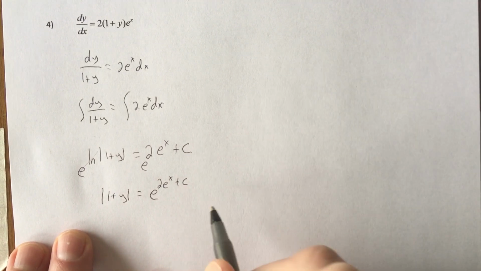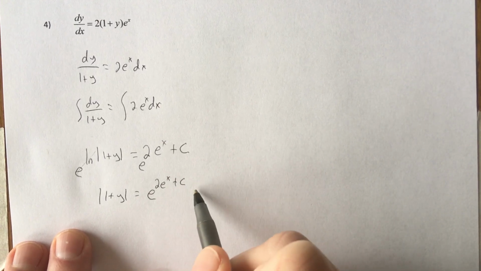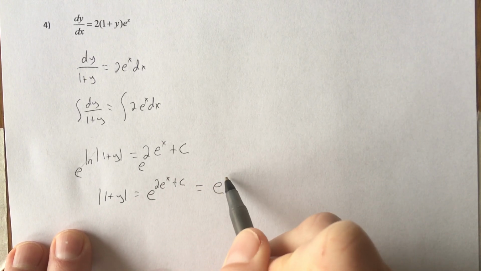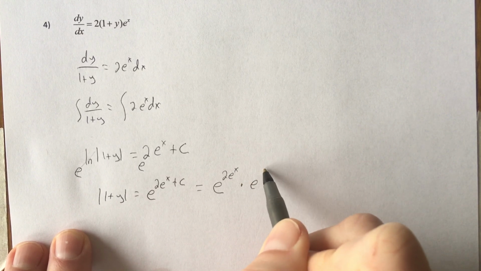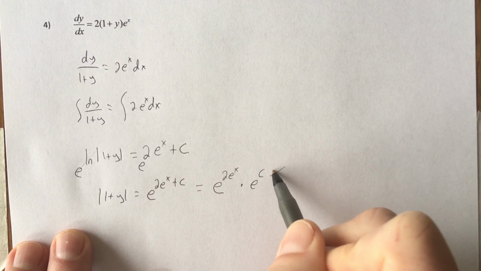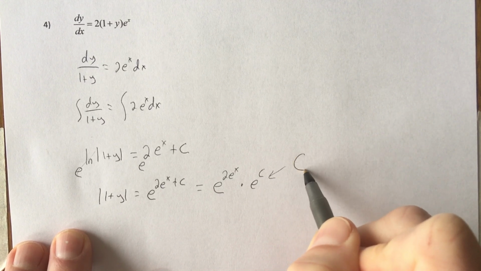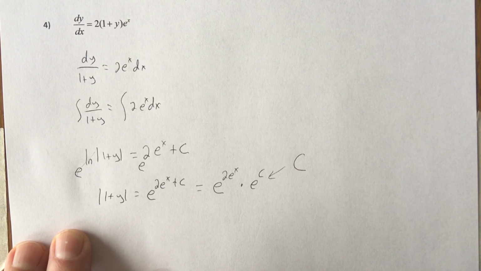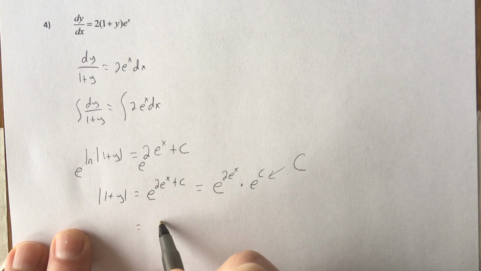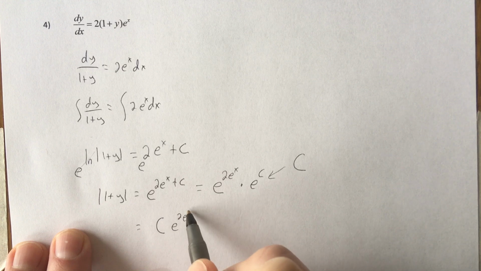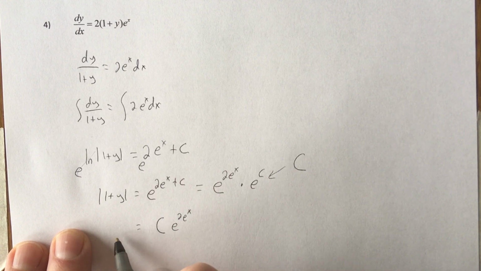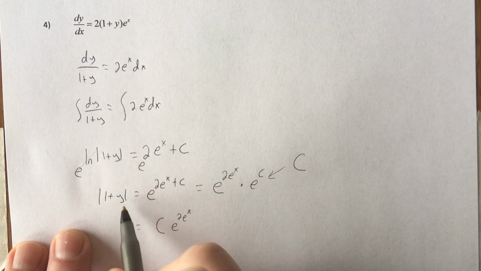Okay. Now just like the last example, technically this is correct, but we could split that into e to the 2e to the x times e to the c, and then e to the c is a constant, so we'll call that capital C. So this gives us big C times e to the 2e to the x equals the absolute value of 1 plus y.